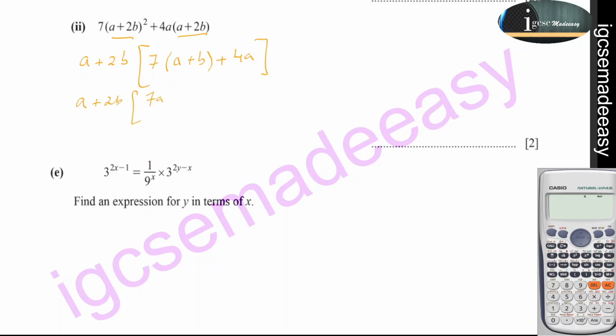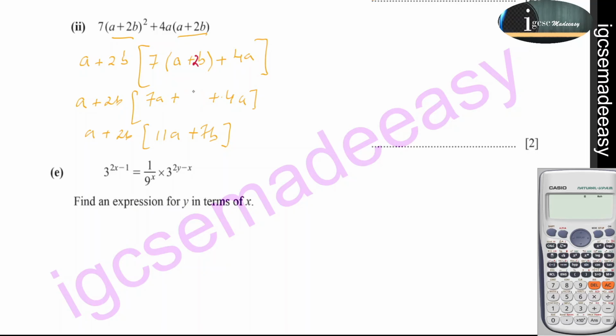So after that, let's expand the bracket, 7a plus 7b plus 4a. So further solving, because we have 7a plus 4a is 11a plus 7b, so that's okay. There is a small mistake, there should be a 2 over here, so it should be 7 times 2b, that is 14b.